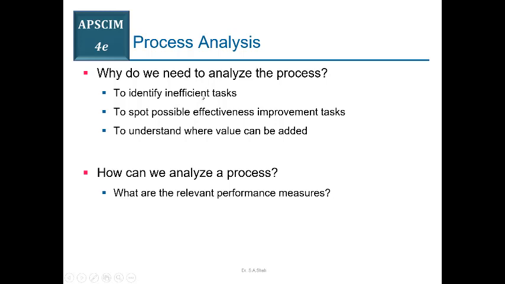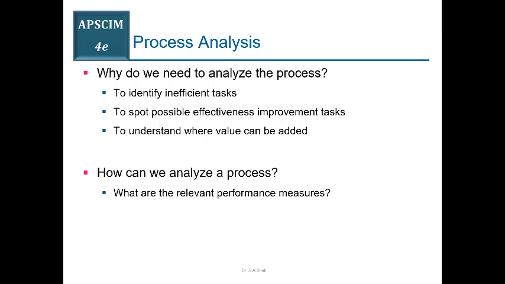We study the processes that will be performed for the production of any good, and then we try to distribute those tasks, distribute those processes as evenly as possible among the workstations so that we can reduce the waiting times within the system.